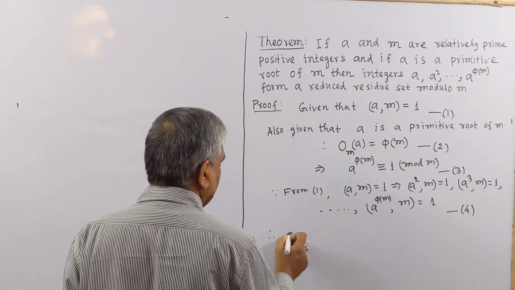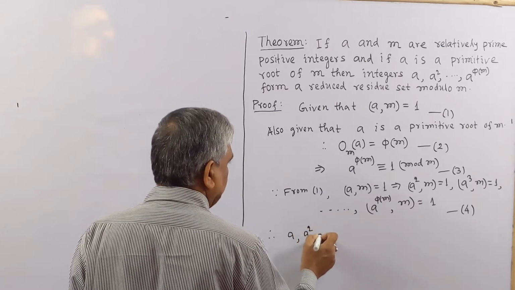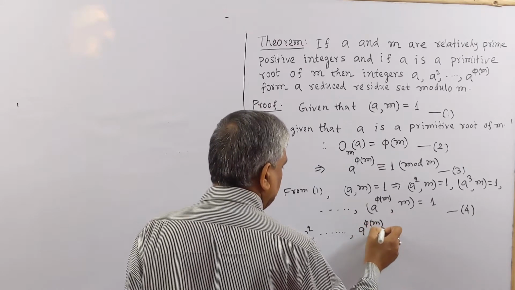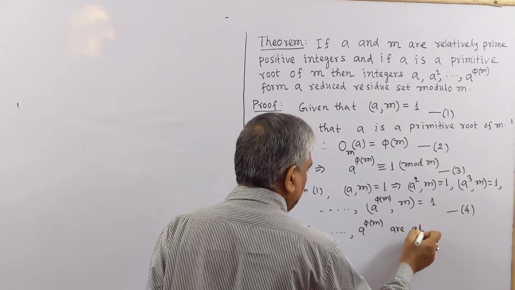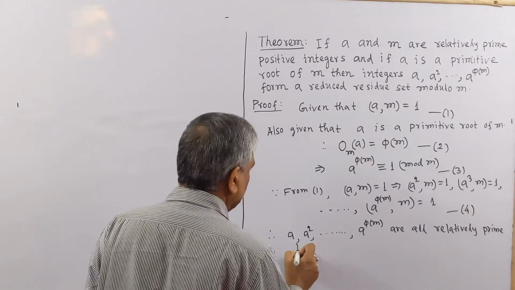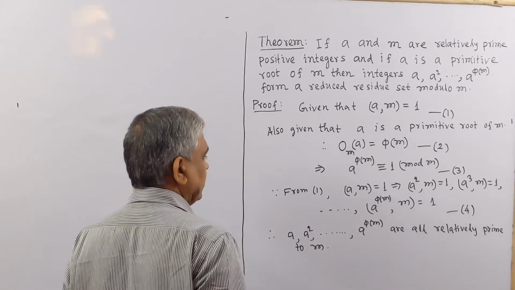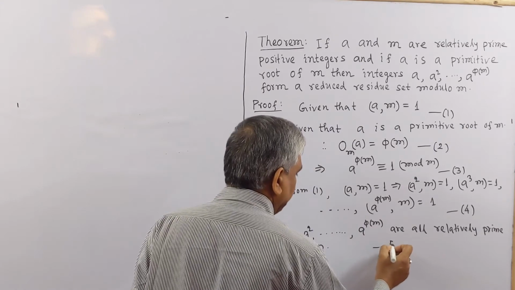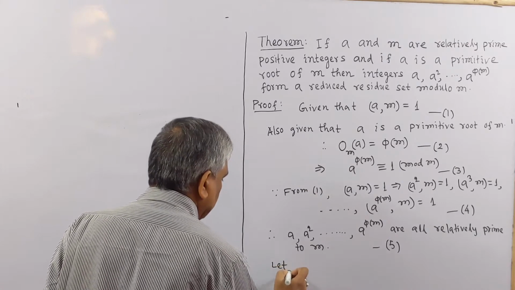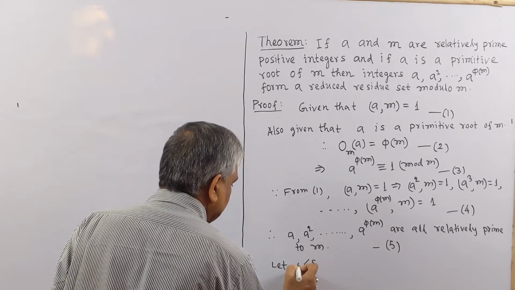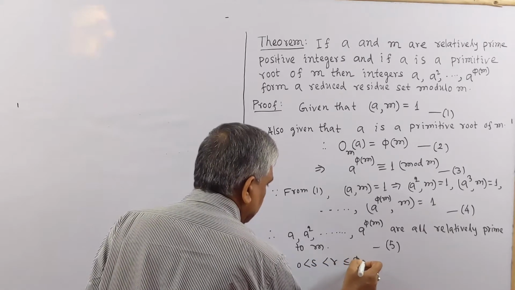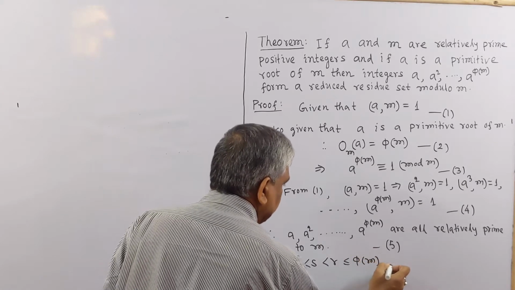Therefore, a square, a to the power phi m are all relatively prime to m. This is number 5. Let s is greater than 0, less than r, and r is less than equal to phi m. This is number 6.